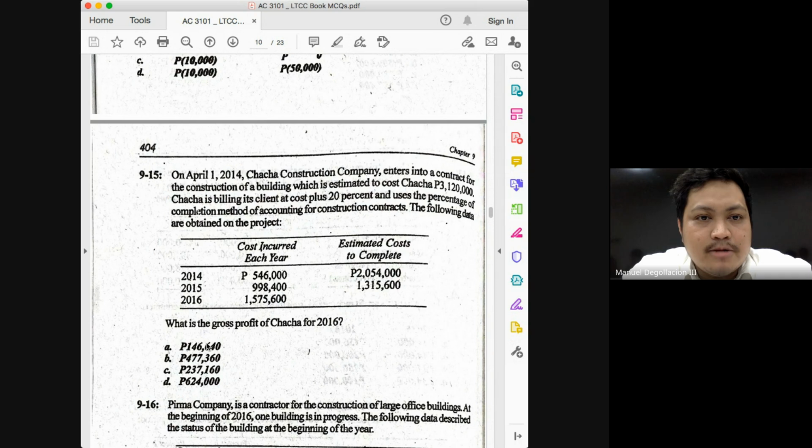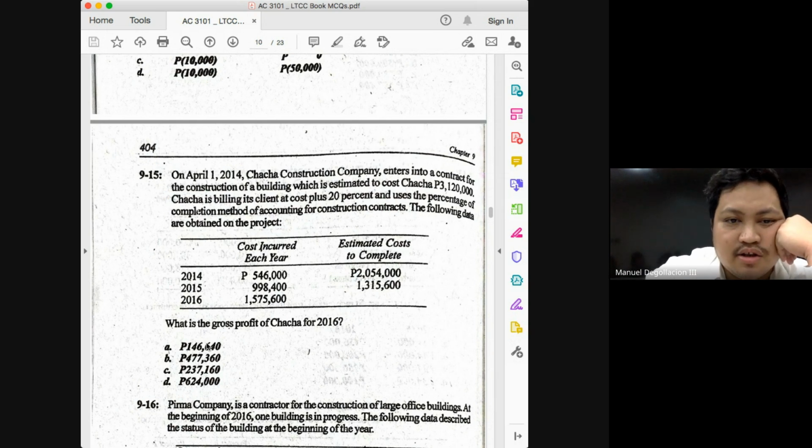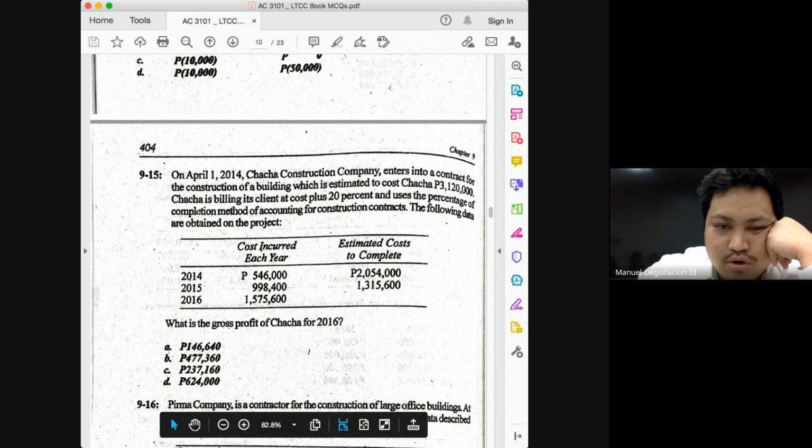Estimated cost at 3,120,000. Chacha is billing its client at cost plus 20% and uses the percentage of completion method.